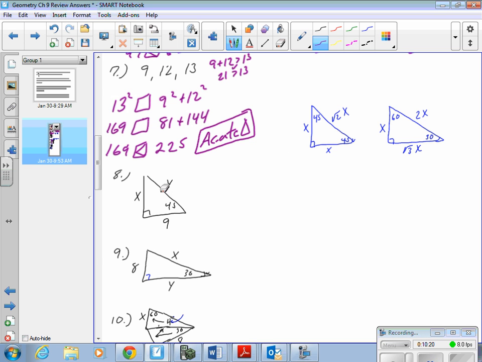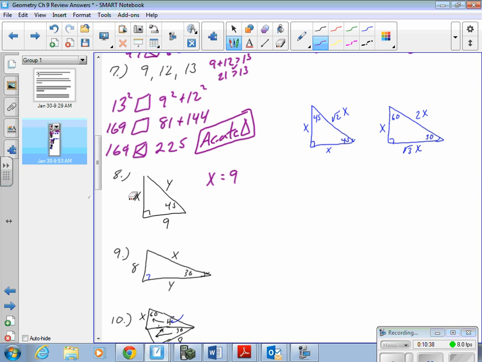So when we look at this triangle here, we notice that one of the legs is 9, x is the other leg, so since it's a 45, 45, 90, we know that the two legs have to be the same, so simply recognize that x should be 9.